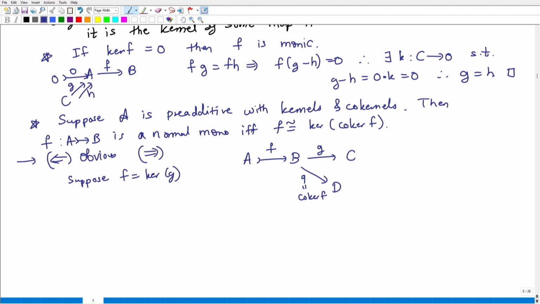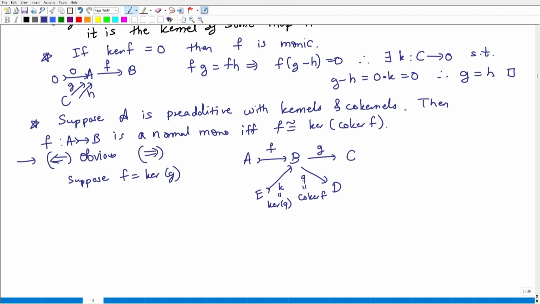Now Q is a morphism, so I can define its kernel. Let me call that E, and from E I have another monomorphism K, which is the kernel of Q. So, the kernel of the co-kernel. Now observe that GF is equal to 0.